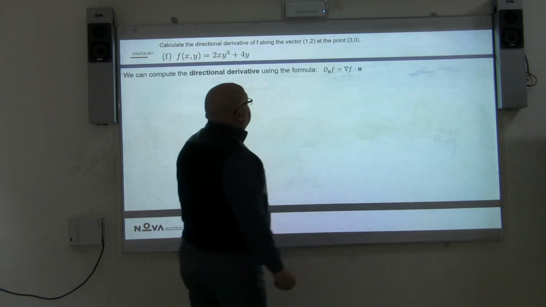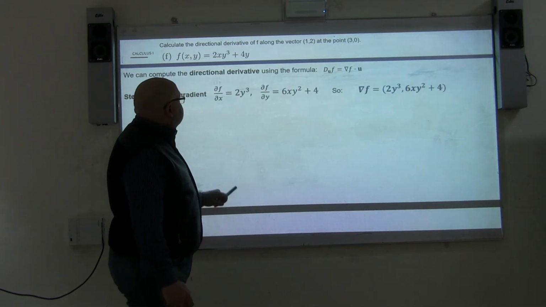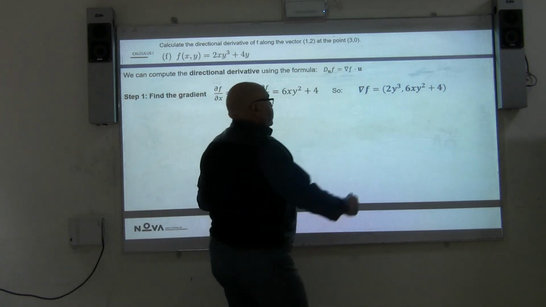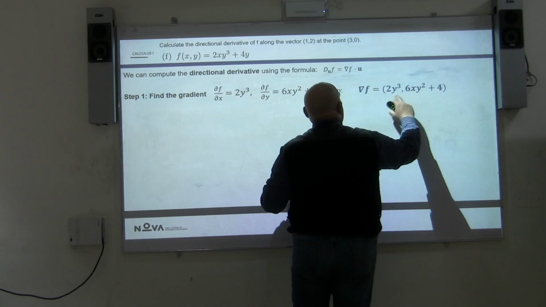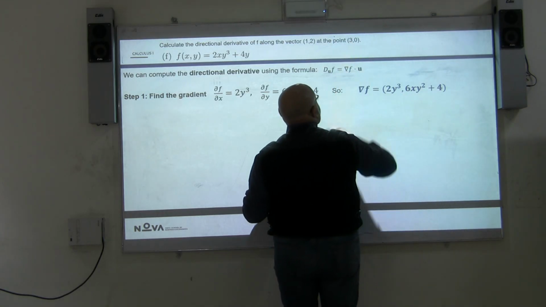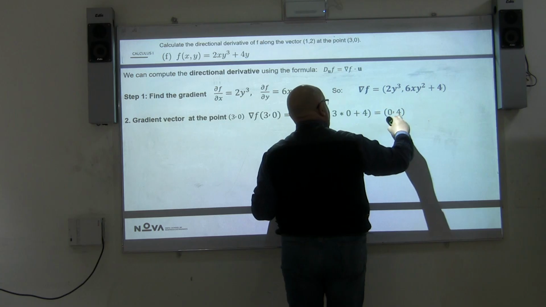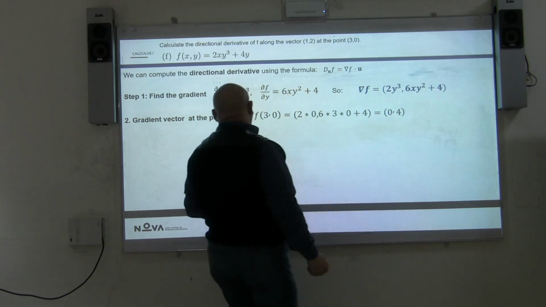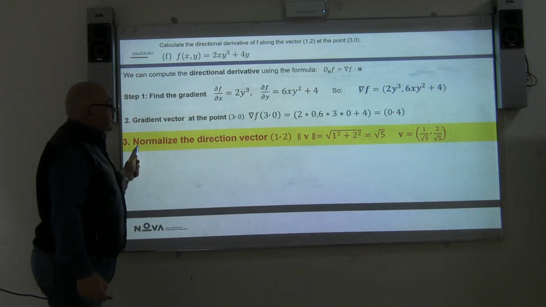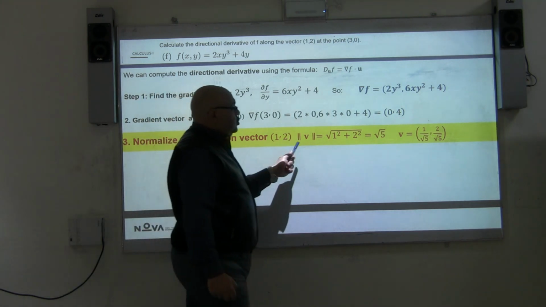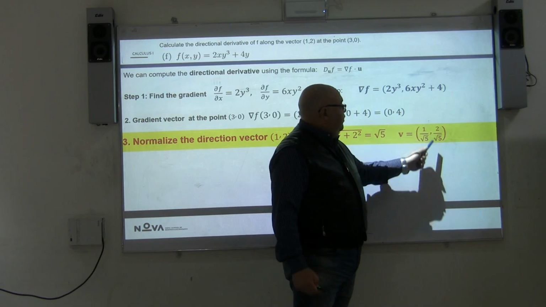So once more, this is going to be the first partial derivative with respect to x, and with respect to y. That's the gradient vector. Then I will substitute with the coordinates of (3, 0). Once you do so, it's going to be (0, 4). That's the substitution of the gradient vector. The second step, I will make a normalization. It's going to be (1, 2) over root 5, so 1 over root 5, 2 over root 5.